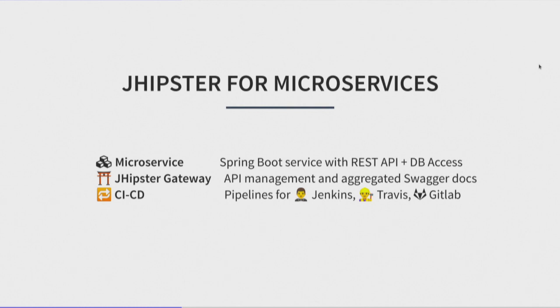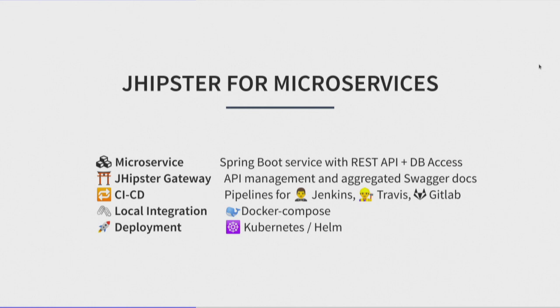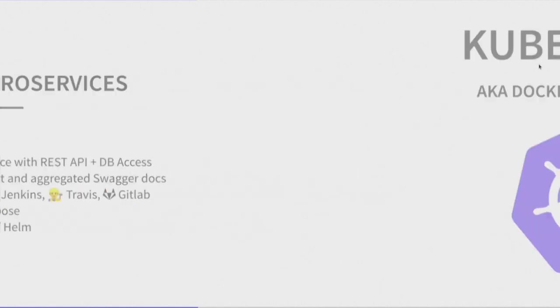If you have a JHipster app, you can automatically generate its CI/CD pipeline for Jenkins, Travis, GitLab CI, and more. Then we provide a way to locally test the integration of all your JHipster microservices. We can generate Docker Compose files, and also deployment files for Kubernetes. And this is what we are going to dig more into today.